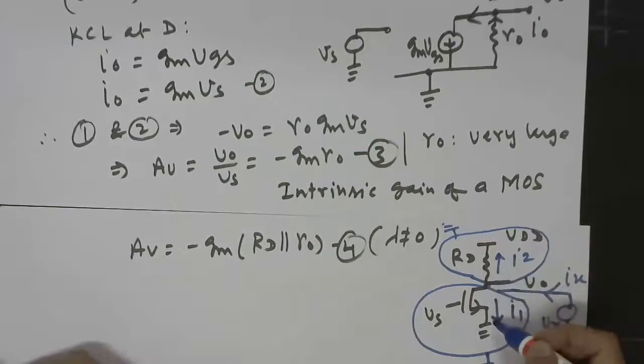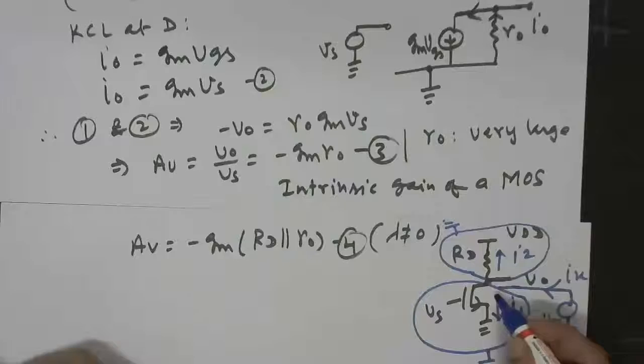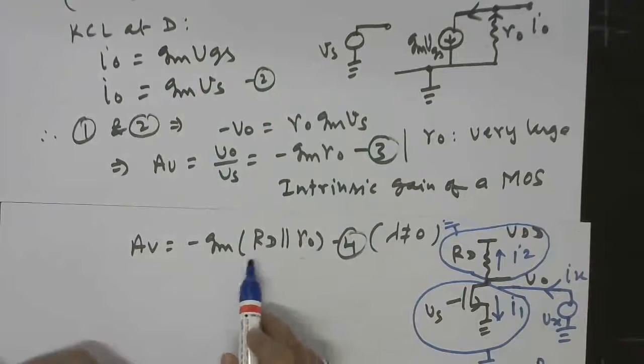Now if you analyze each of these two circuits separately, the impedance offered by the upper part is of course equal to RD, and the impedance looking towards this MOS from its drain is going to be ro. So the impedance that you see from this side is basically the parallel of RD and ro, and that is the impedance that appears here. So this result is very general.